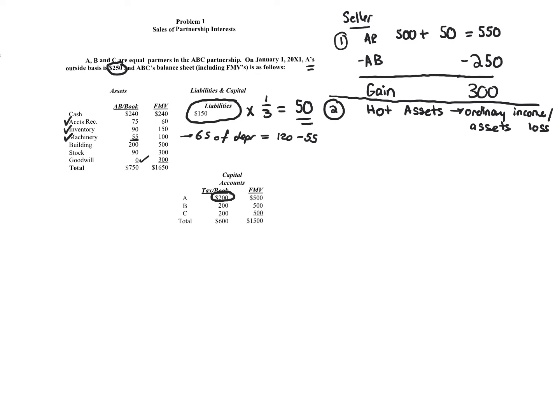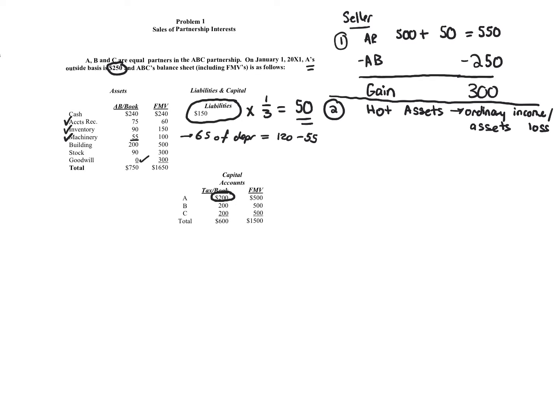So we've got three assets that are what we call hot assets. This is a phrase we use in the tax law, because these are the assets that are going to create ordinary income, and sometimes ordinary loss, but usually ordinary income. And ordinary income for individual taxpayers is bad. So these are hot assets, like a hot potato. This is what we do in step 2.